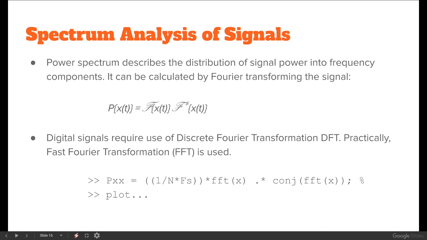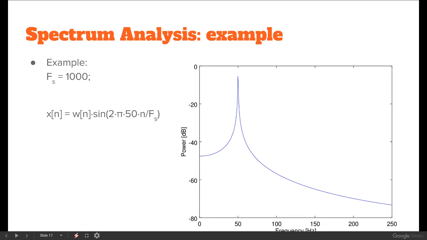And then basically, if you multiply the Fourier transform by its complex conjugate, you get the power spectrum. Some actually call it periodogram. Digital signals require use of the discrete Fourier transform, and the FFT is the way to calculate it for historical reasons. And I think you already have that one, but anyways.